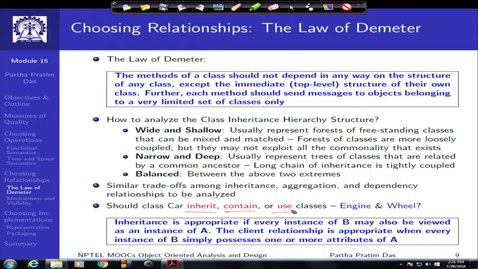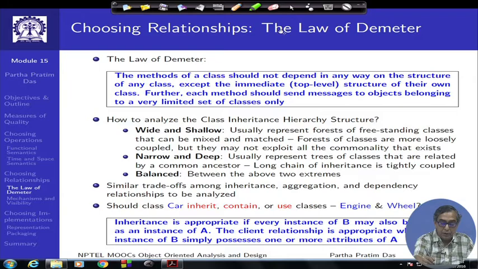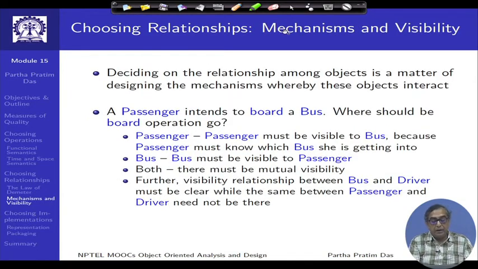So, there are decisions to be made in all these cases as to which is the right way to relate different classes, and accordingly you should make the choice, and that is what the Law of Demeter talks about.